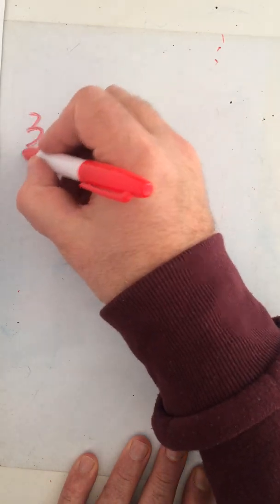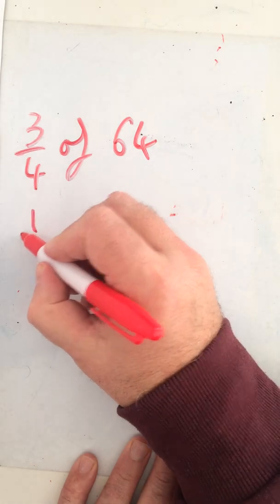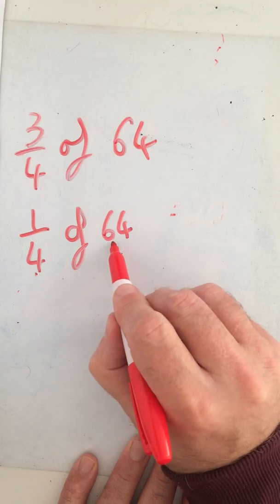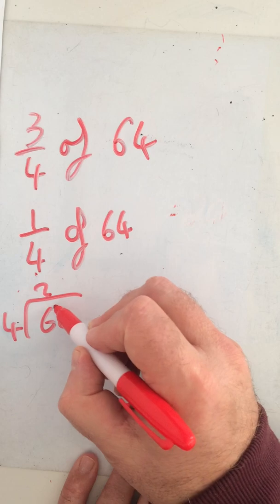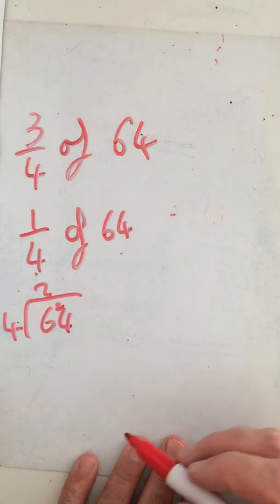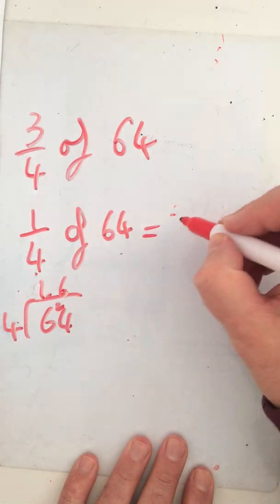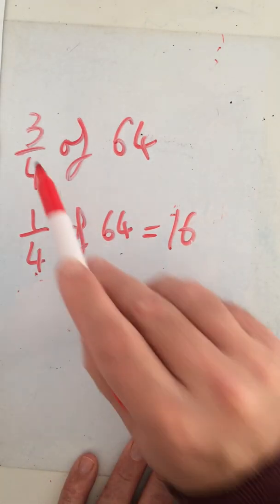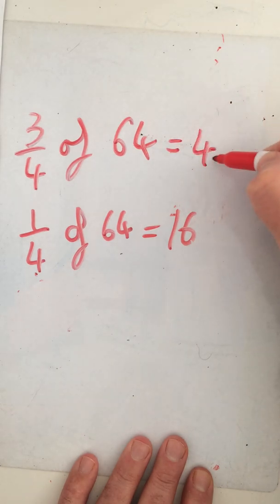Right, what about this one? 3/4 of 64. Again, we find 1/4 first of 64. So how many 4's are in 64? We do 64 divided by 4, which gives you 16. If 1/4 is 16, we times that by the 3, which gives us 48.